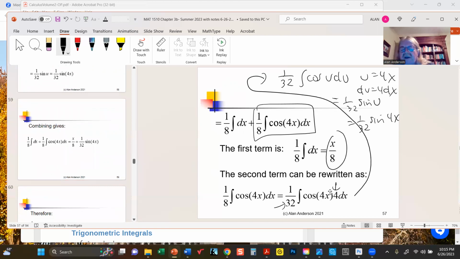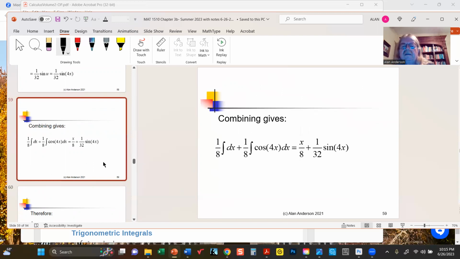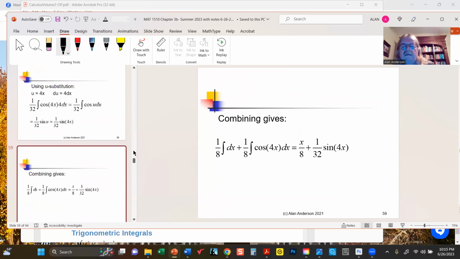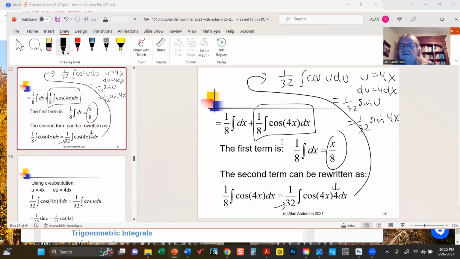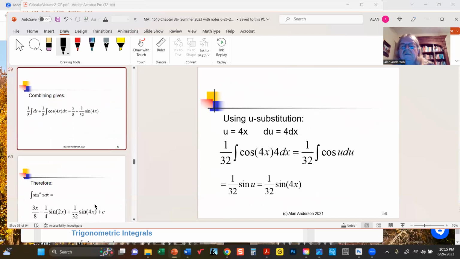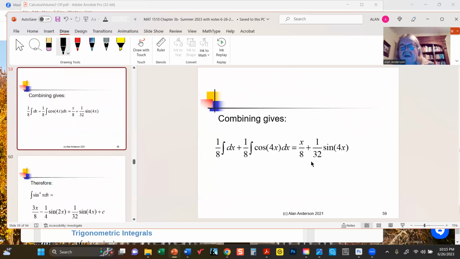Now, these two have to be combined. One 1/32 sine 4x, and don't forget that x over 8. So all of this is what we're calling the third term.